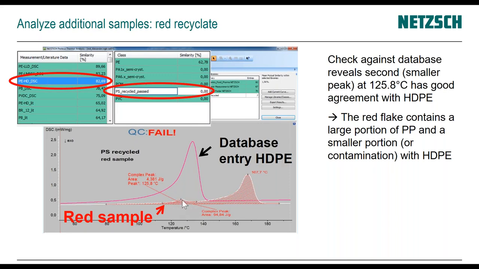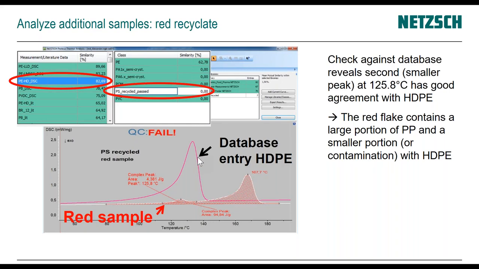And what I wanted to point out here as well is when you know your sample weight, and you can always look that up from the database, even if you don't remember it, you can already get a very good idea from the area under the peak how much of the HDPE is in the polypropylene.